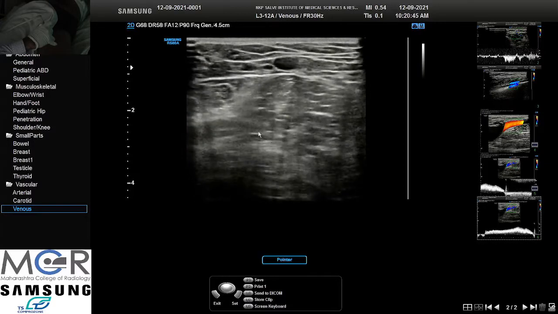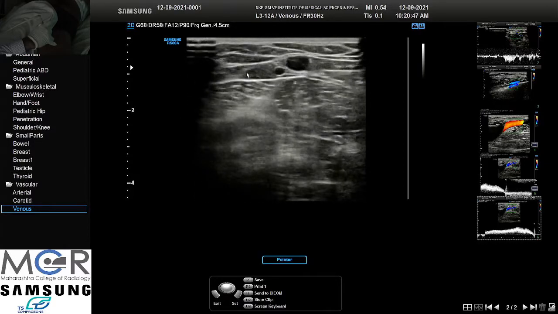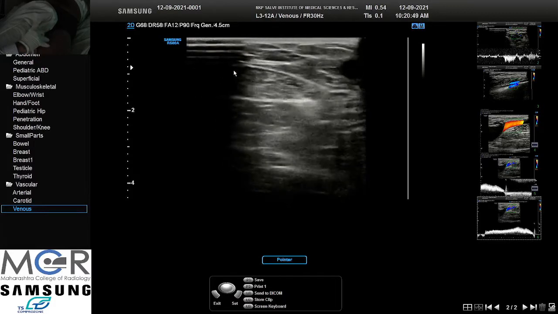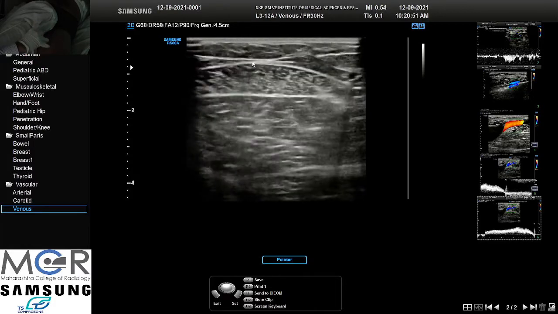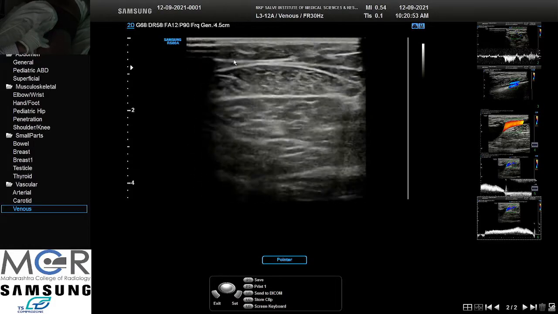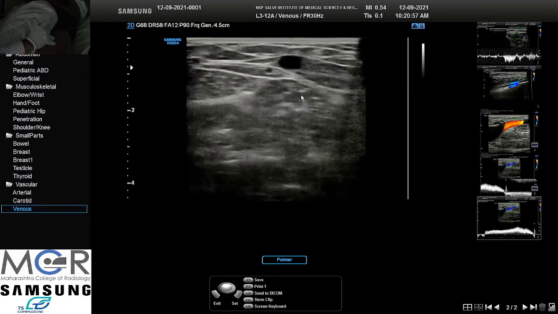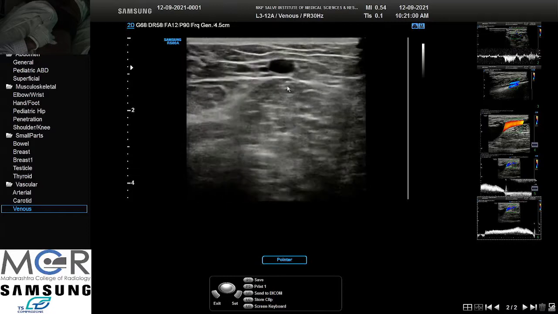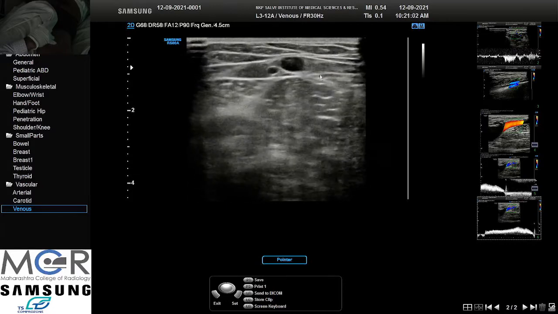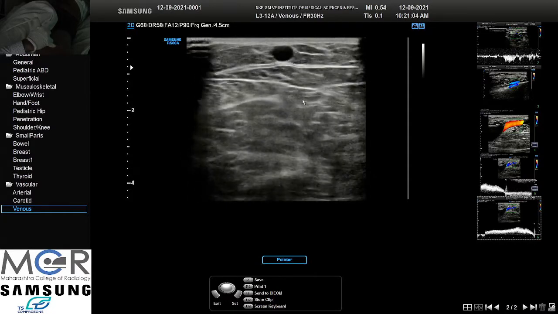Can appreciate here, it is entering here and going. See, it is more superficial than this. So at the time of entering it, they will come into this fascia and enter the GSV.